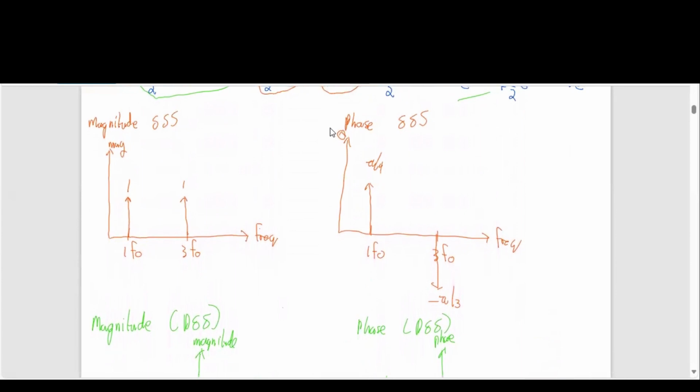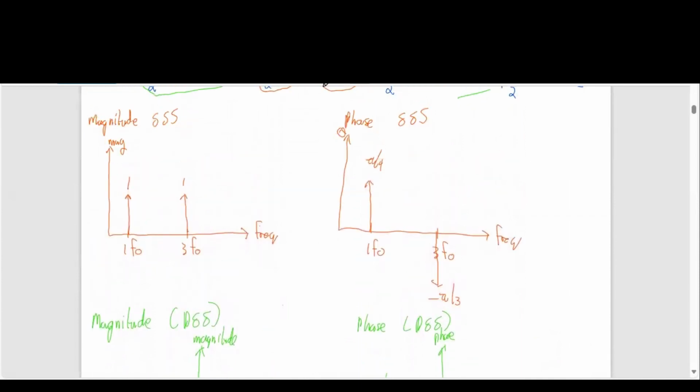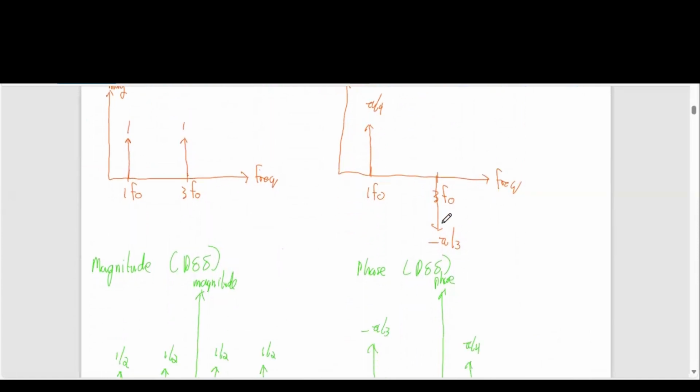For the phases, however, it is still mirrored, but it flips. It literally just inverts. Whatever was positive will just end up being negative. So the pi on 4, when it goes across to minus 1 F naught, will go to minus pi on 4. And then for this one here, at minus 3 F naught, this will go back to being positive.